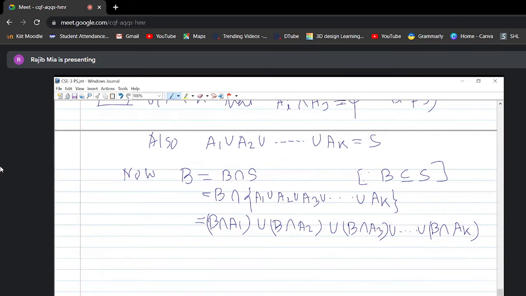We have to find the probability of B. So if we take the probability on both sides, the left side is probability of B, and the right side is the probability of this union of a set of events, that is B intersection A1, B intersection A2, B intersection A3, and so on.